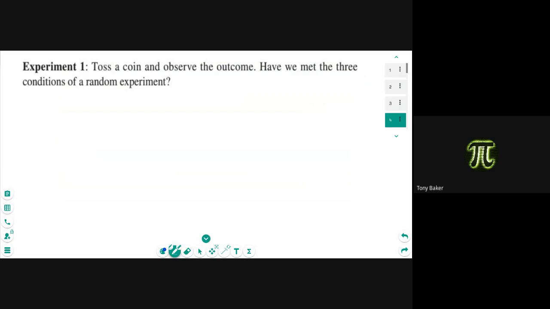And can I list the sample space for a coin? Yes. So my sample space for this would be head and tail. That would be my sample space. So this is a random experiment.